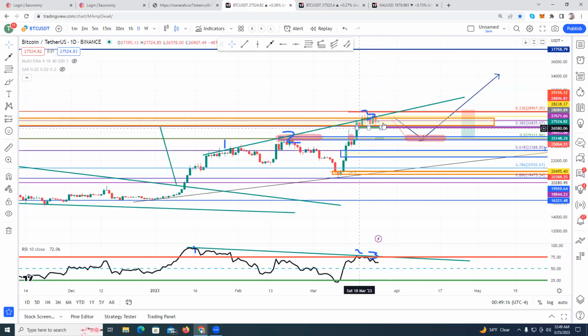Well, being that we're at the top of the channel and the top of the trend line with the resistance at structure, we could go very far back down to the support of the channel. The support of the channel has confluence of an order block as well as the 886 and 786 Fibonacci sequence. So we have a lot of confluence that price action could have a reaction at that area.